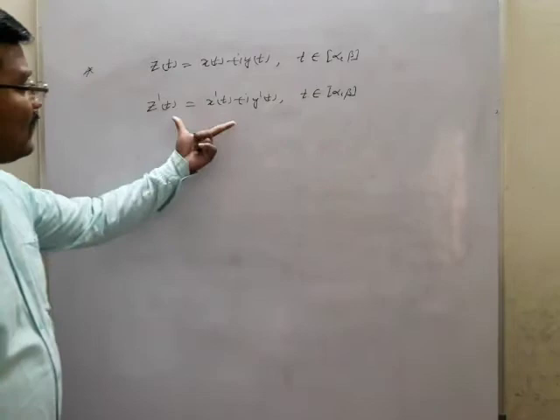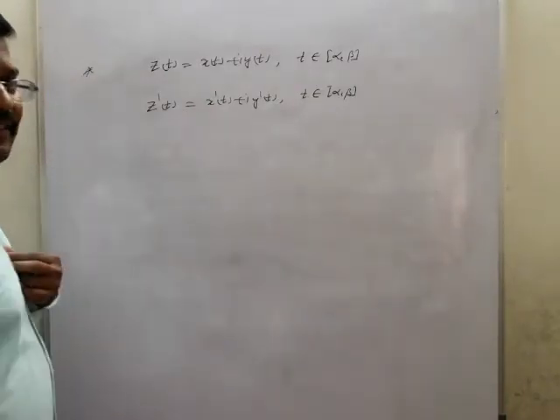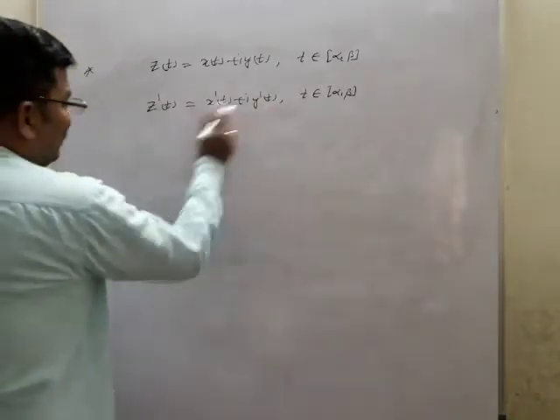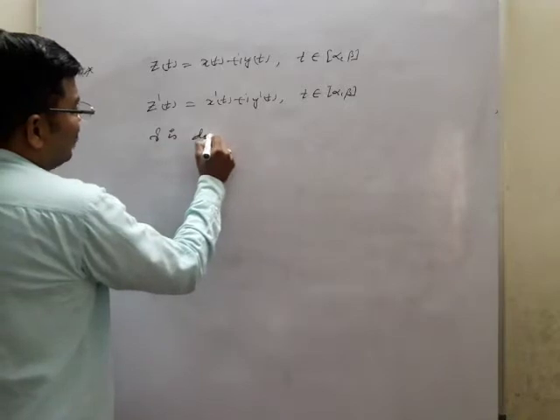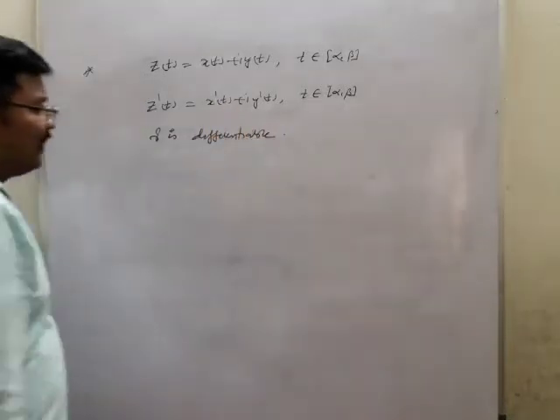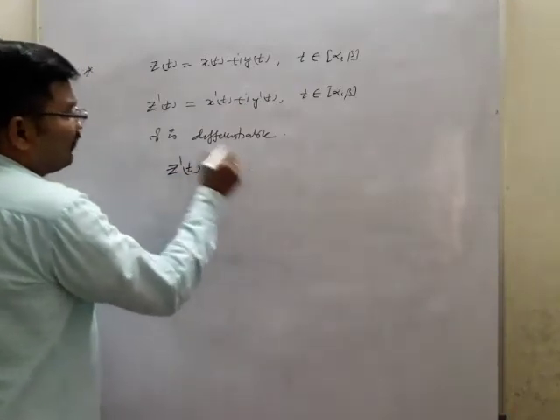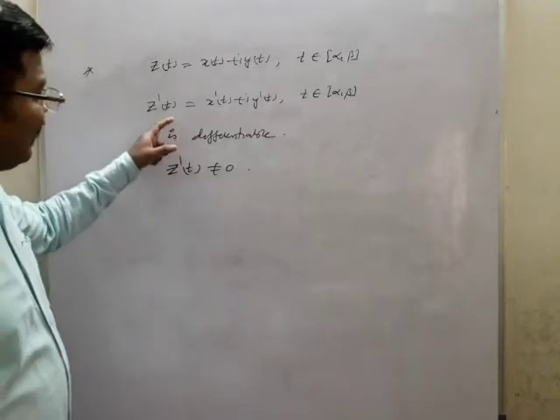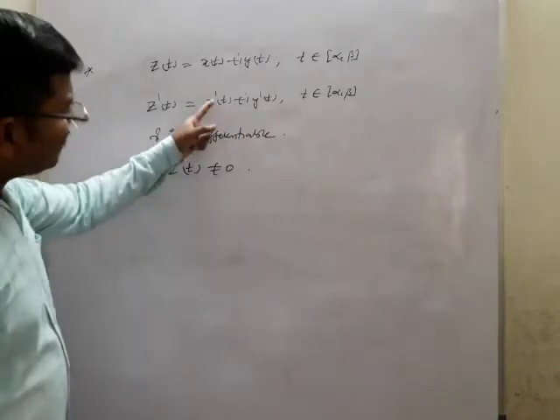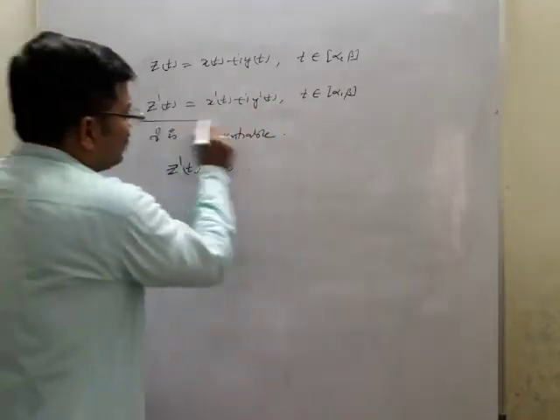Whenever it exists, we can say that gamma is differentiable. Whenever z dash of t is not equal to 0, it's a very important point. z dash of t is equal to x dash of t plus i y dash of t, where x dash of t and y dash of t also exist, then gamma is differentiable.